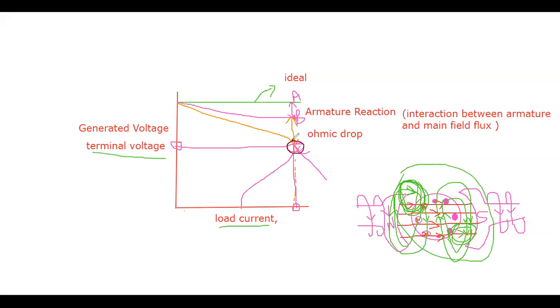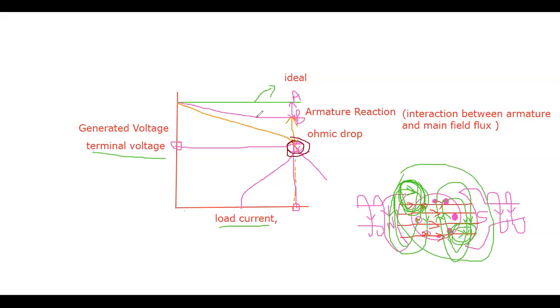Due to the effect of the resistance in the load, this drooping characteristic occurs, such that at this instant the resistance of the load becomes lesser. That is why we are getting a drooping characteristic like this.